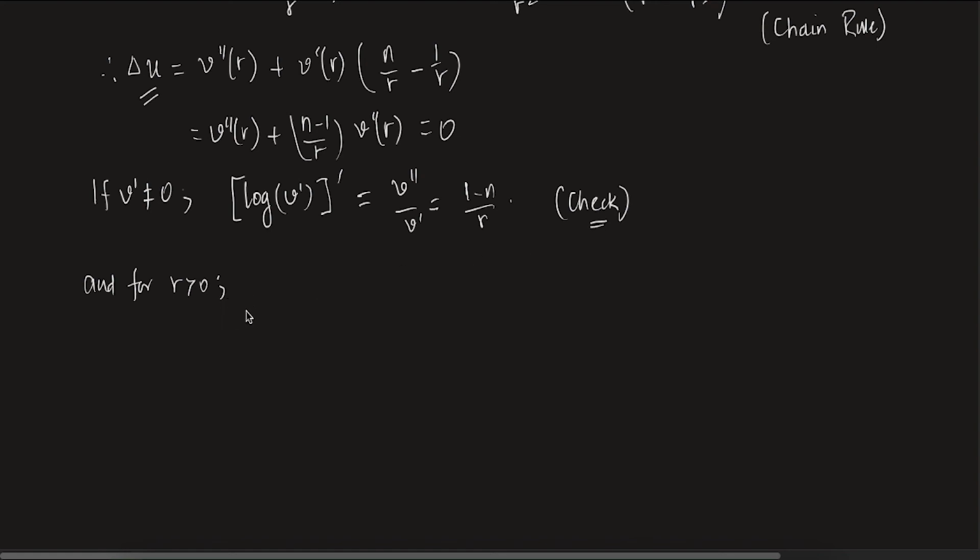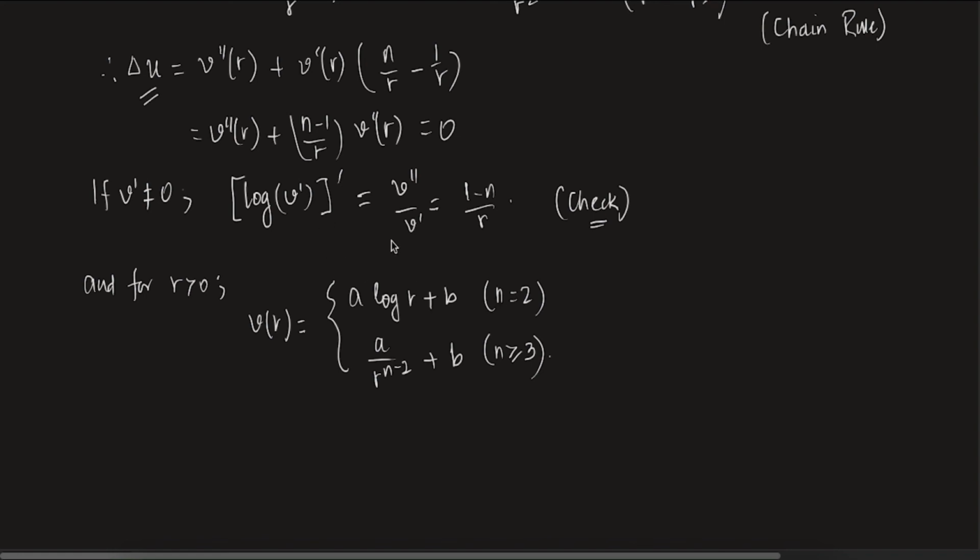And for r positive, what do you get? You get v of r. What is v of r? It is essentially in two parts. So a log r plus b. This is for n equals 2. And you also get a by r to the power n minus 2 plus b. This is for n greater than or equal to 3.